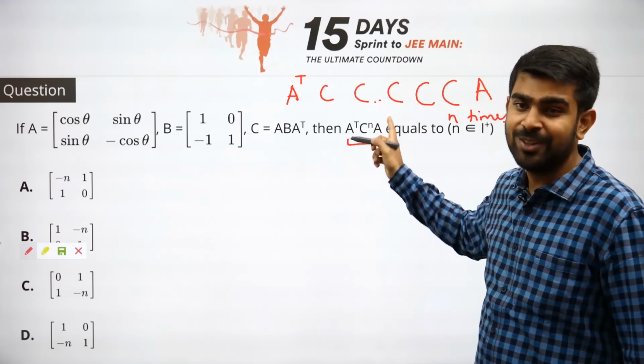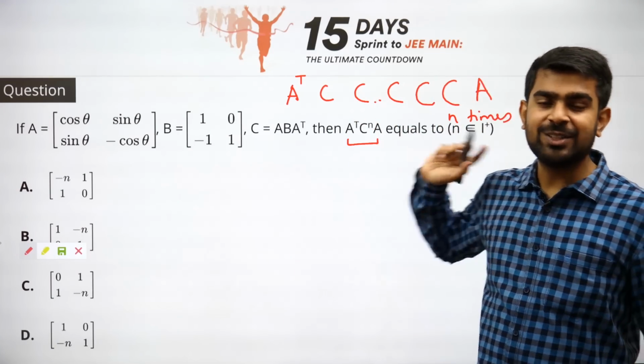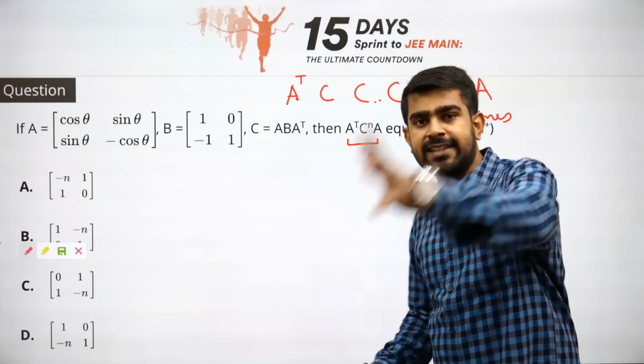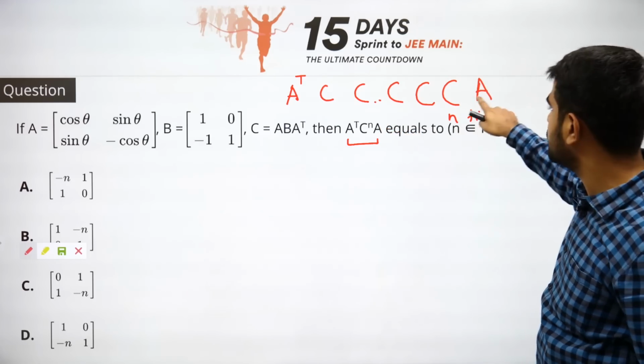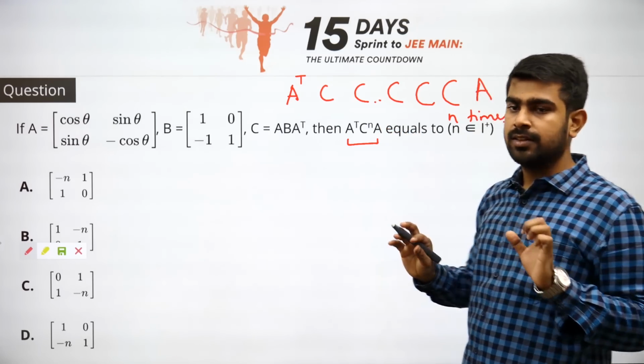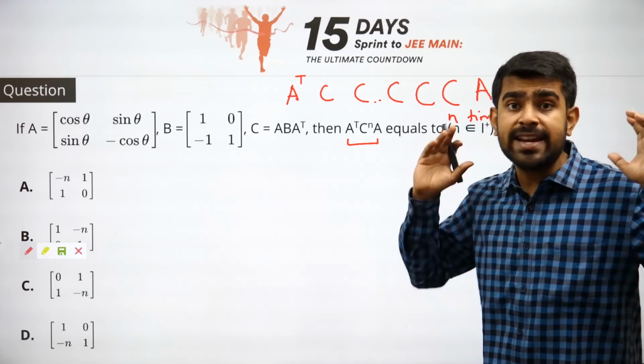Okay, don't tell me it's 4, I am sorry, 5. It is n times. You have dots in between. So I write C n times and in the end A is still there. That is what I wrote here. Now, that is the basic first level interpretation of my question.